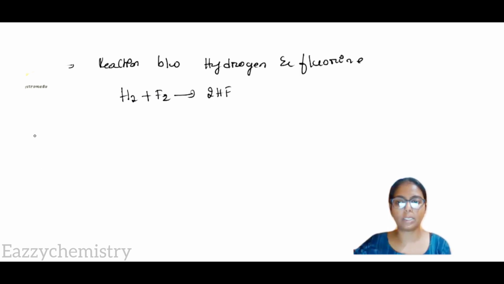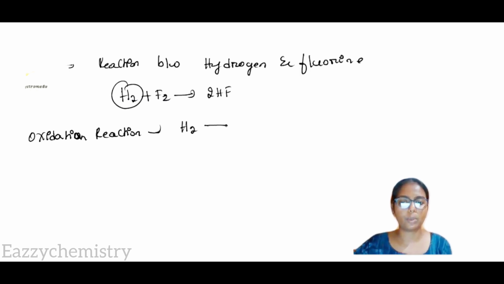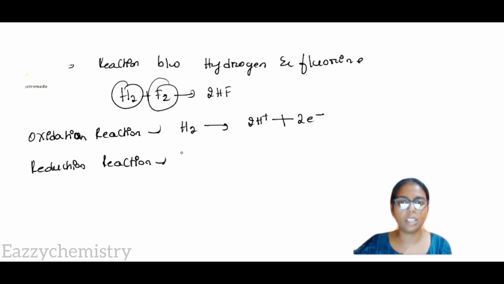Looking at the oxidation reaction, H2 gives rise to 2H+ plus 2 electrons. And the reduction reaction: fluorine undergoes reduction, so F2 with the addition of 2 electrons gives 2F-.